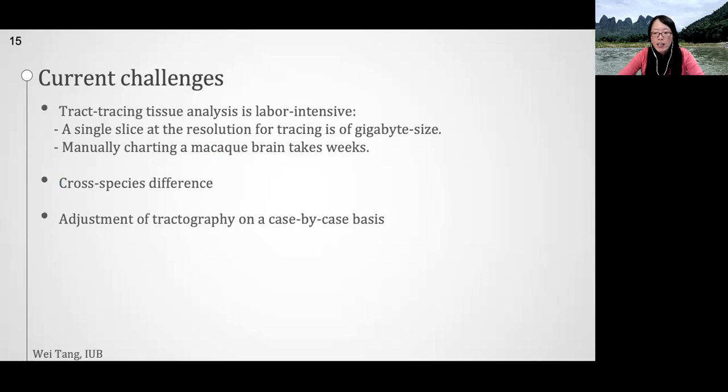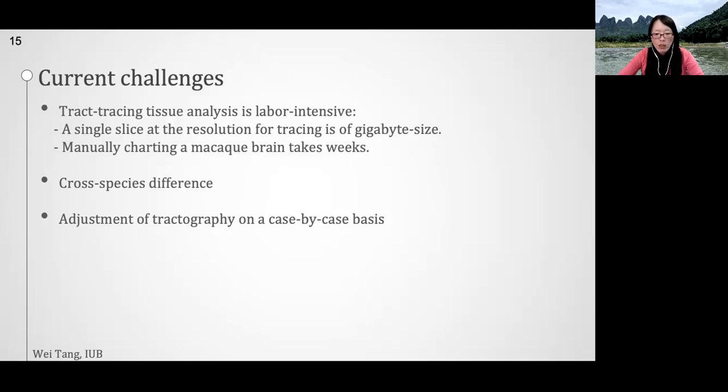However, it's less straightforward in practice than it sounds, particularly because of the large data size. It is very common for a single image of a brain slice to exceed 5 gigabytes, for example. The automated tract tracing is an active research area right now.